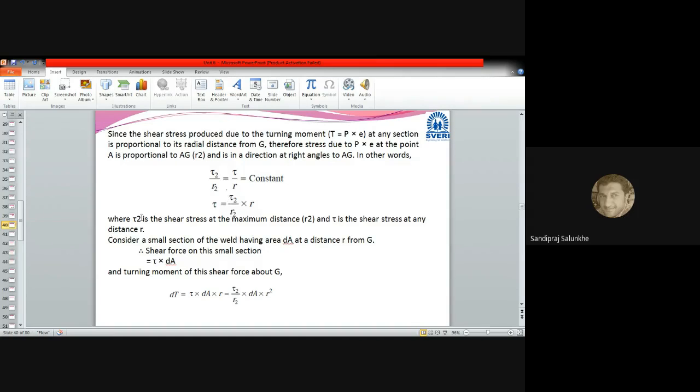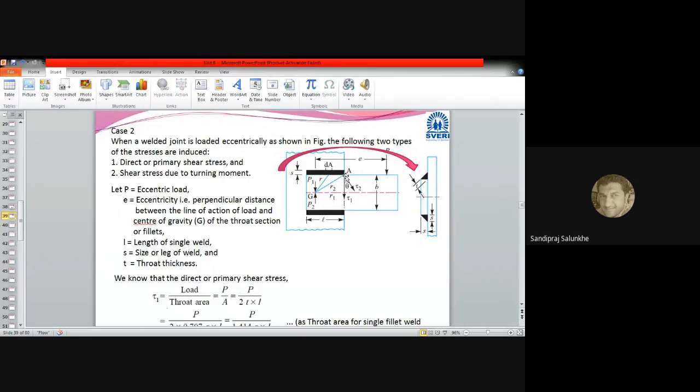If you are able to measure one distance, and that can be measured because the CG we have already calculated, then from that CG we can calculate the distance of the point, this point A, and later on it can be summed, and the distance of each point from the CG can be calculated.